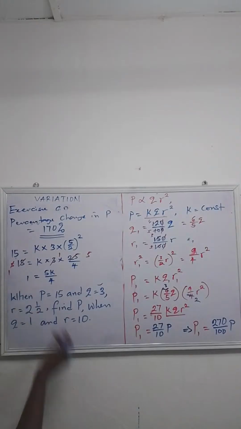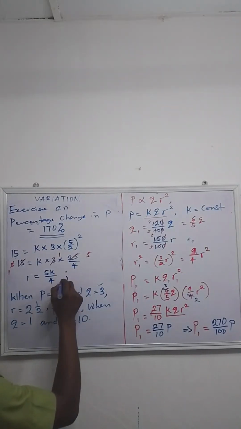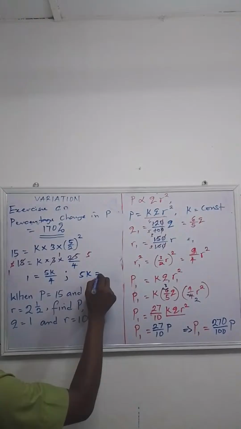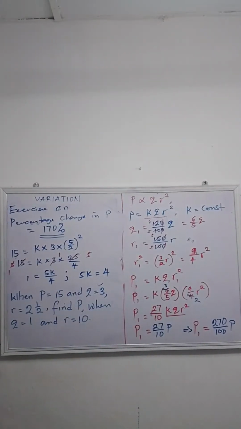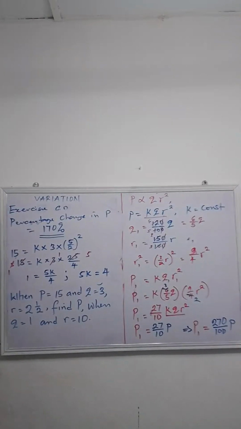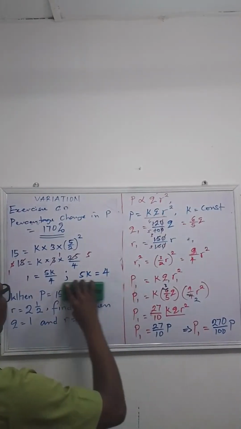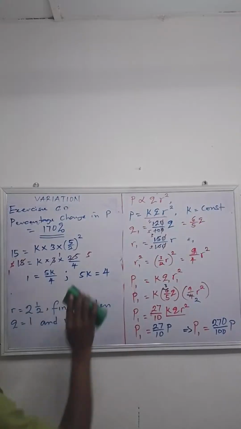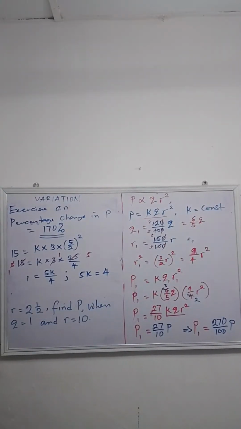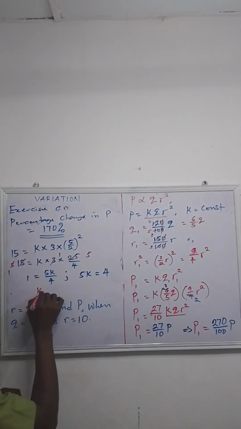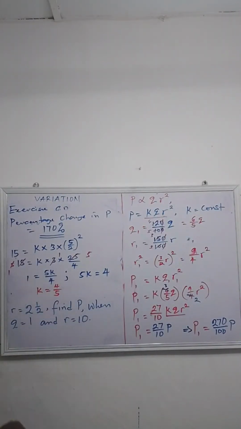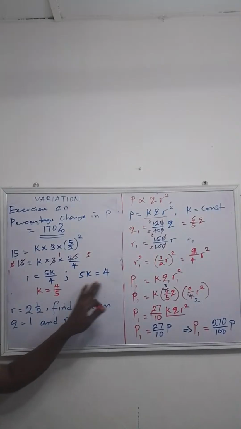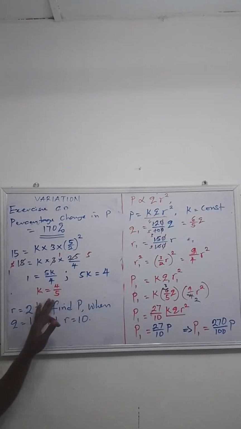So you can cross multiply. If you cross multiply, that implies that 5K equals 4. So you can get your proportionality constant now. So K equals 4 over 5, when you divide both sides by 5.